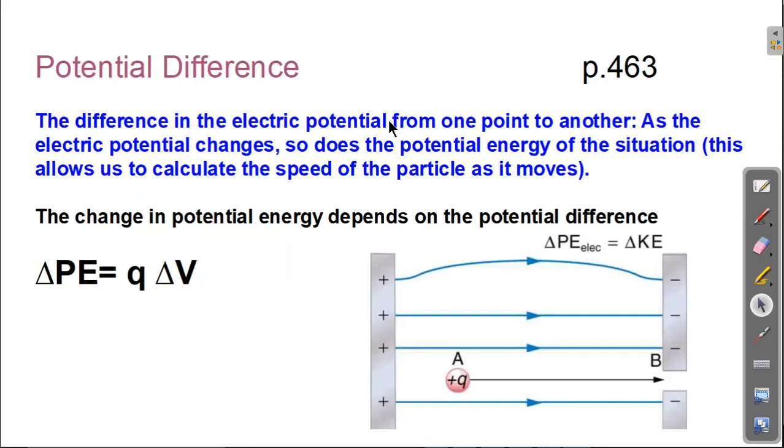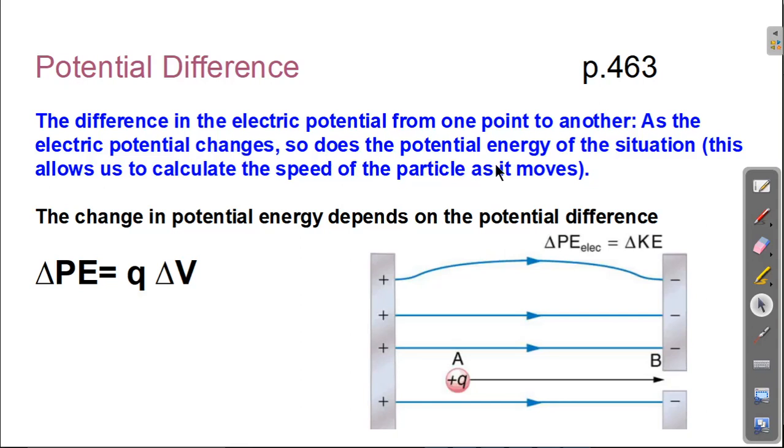Let's go on. Potential difference. What's a potential difference? Well, it's a difference in the electric potential from one point to another. Remember, the position where the particle is placed plays a role when you calculate electrical potential. So depending on where you are, you have different electrical potentials, as a charged particle, not you, but the charged particle. As the electric potential changes, so does the potential energy.